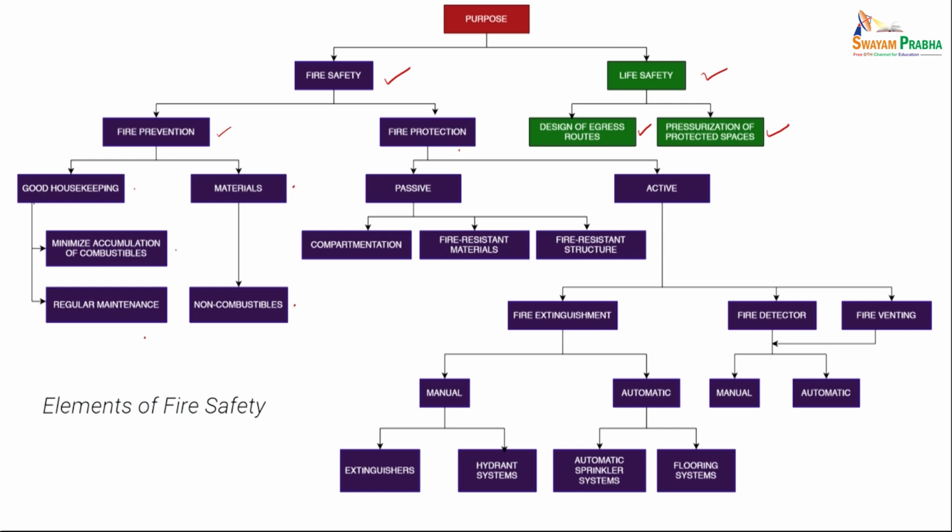Now, coming to fire protection, as I told, there can be a passive part and an active part. The passive part can be through compartmentation, fire resistant materials, and fire resistant structure, whereas the active part is embedding various systems into the building. It may be a fire extinguisher, fire detector, fire venting, and that further branches, like fire extinguishing may be manual or automatic.